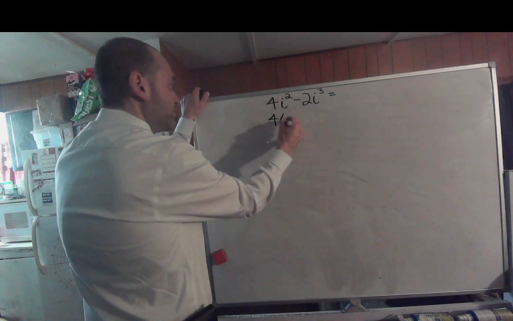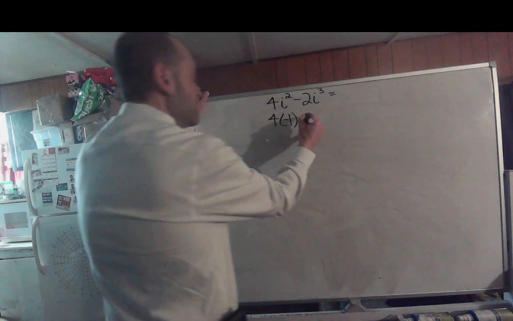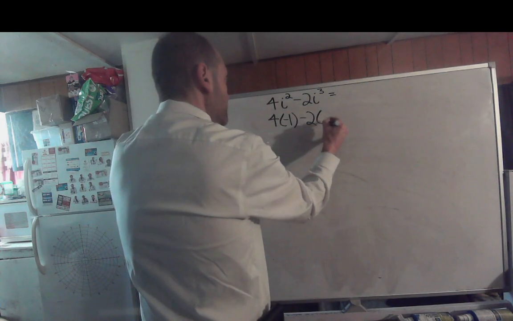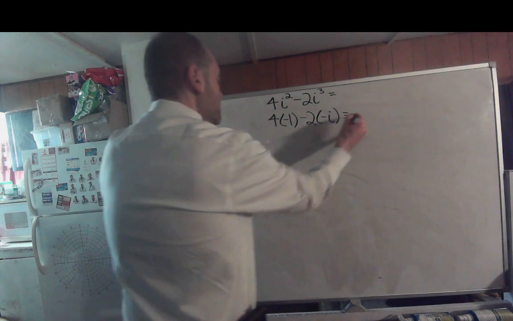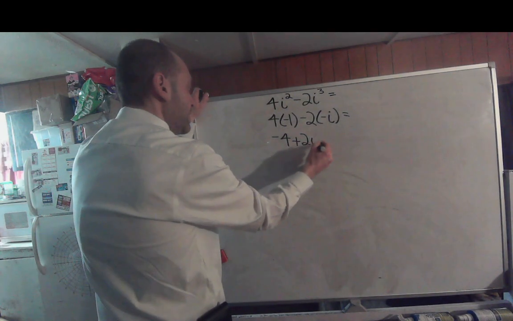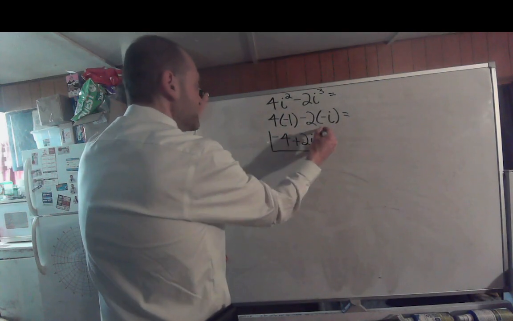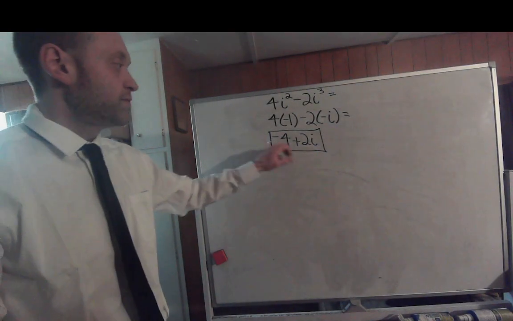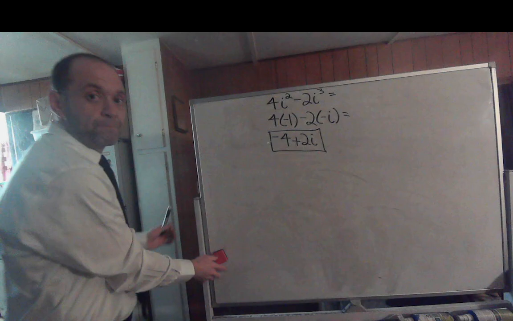So this would turn into 4 times negative 1 minus 2 times what is i to the third? That's just simply negative i. So this would end up turning into negative 4 plus 2i. That would be the standard form and simplest form of this complex number: negative 4 plus 2i.